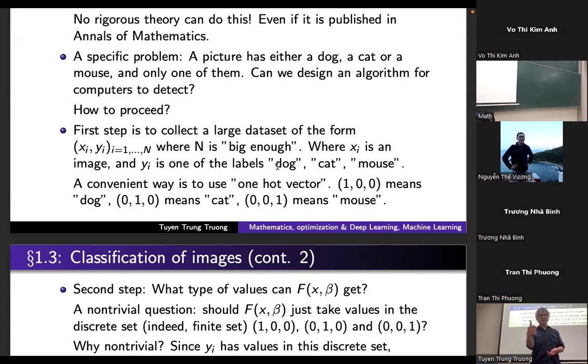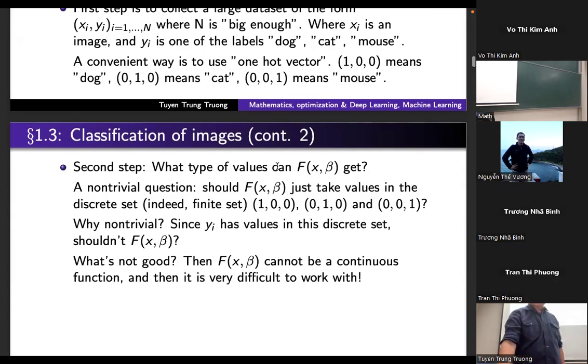But if you think about this, it's not good, because then you are working with a discrete set, so your function is discrete.